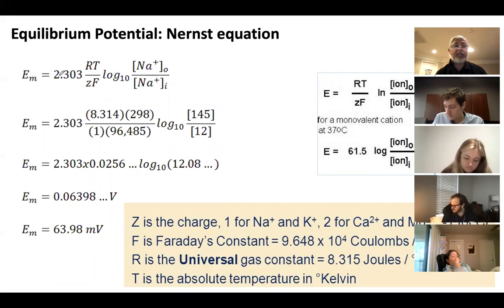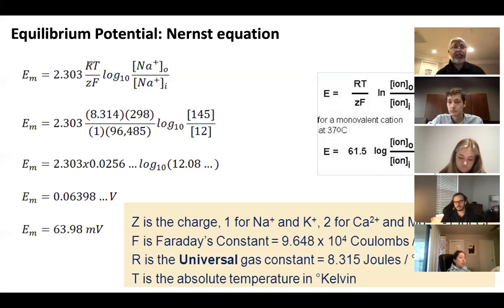Membrane potential is E0, which is the standard potential of the cell, and then there are several numbers that you don't have to memorize. Just RT by ZF log 10 of any ion outside by inside. Okay, so if you put the number of sodium out and sodium in, then you can calculate what the equilibrium potential of the sodium is, right?